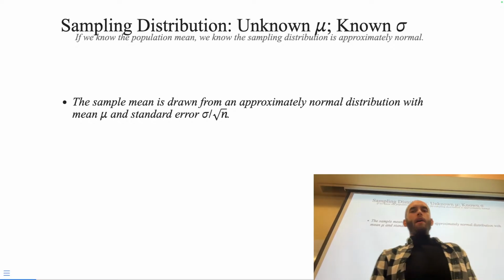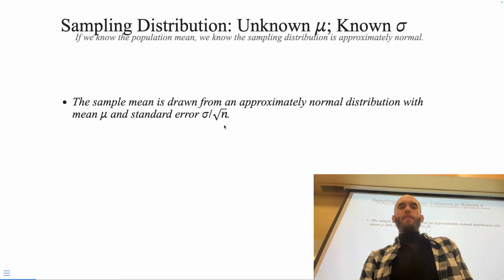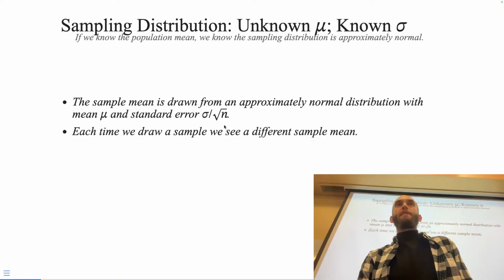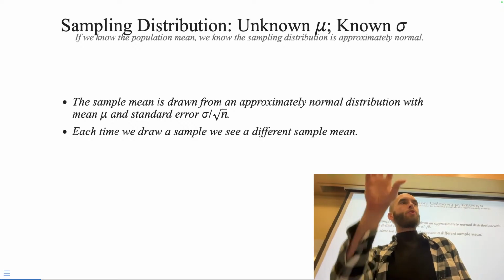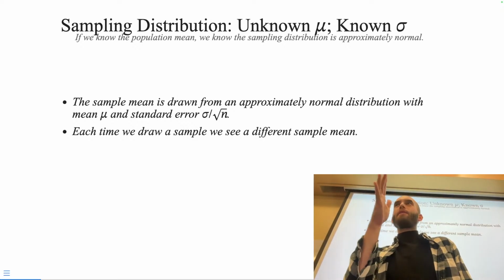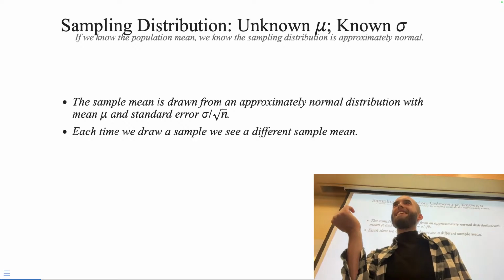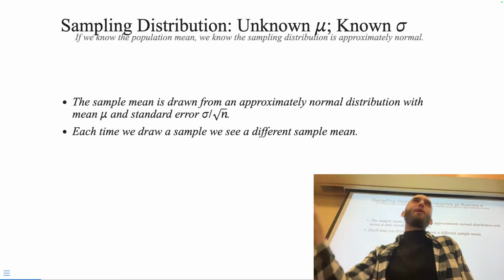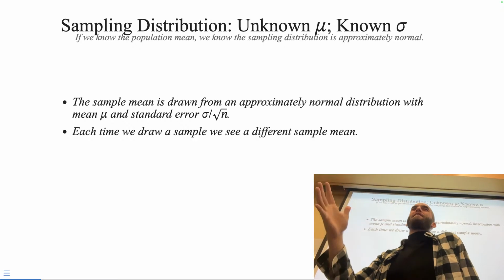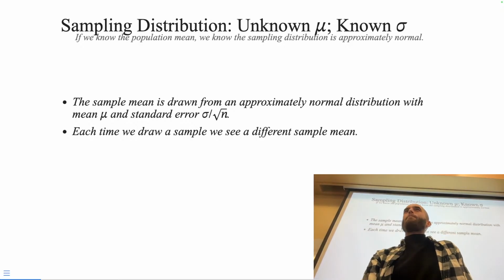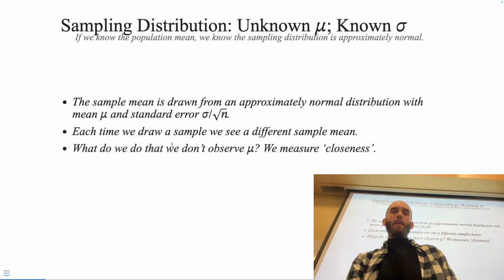So as the sample size gets larger, the standard error, the variability of the sampling distribution, gets smaller. And each time we draw a new sample, that sample is different from the last one. This sounds so obvious, but I think this is sort of underappreciated. So we're going to keep coming back to this.